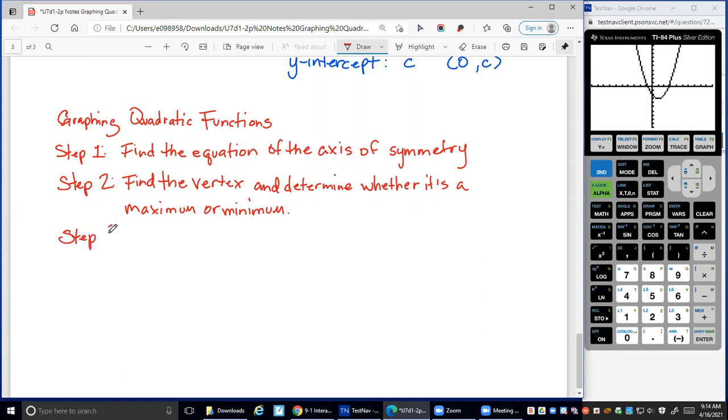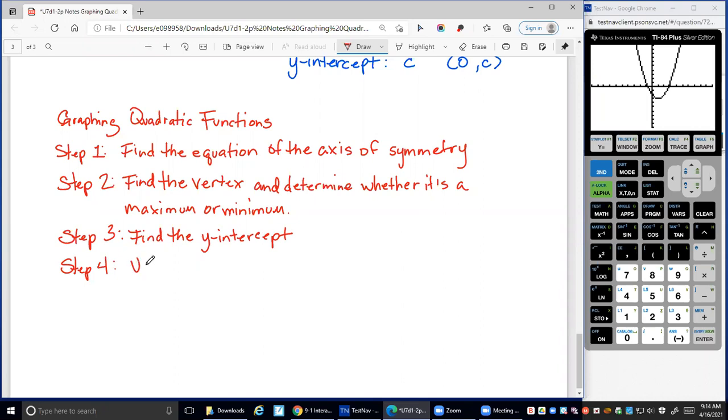Step 3. We want to find the y-intercept. That's usually pretty easy. Step 4.